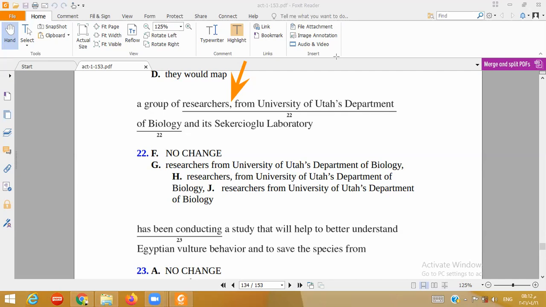What is the difference between G and J? In J, there is no comma before 'and'.